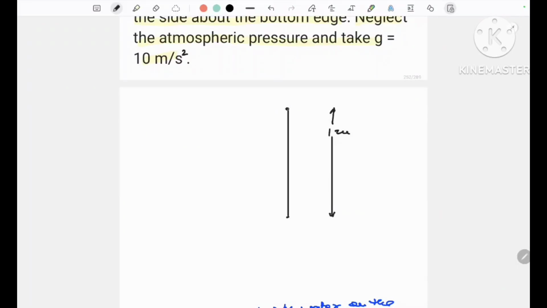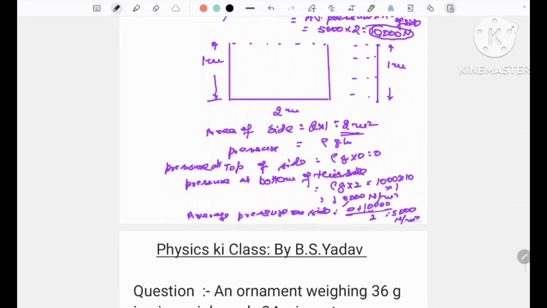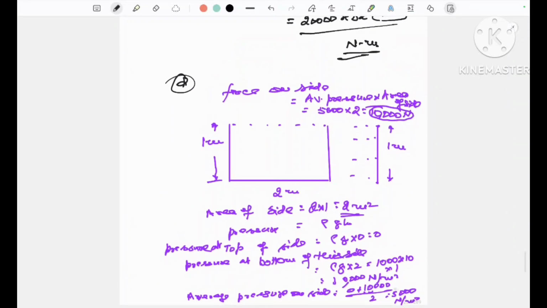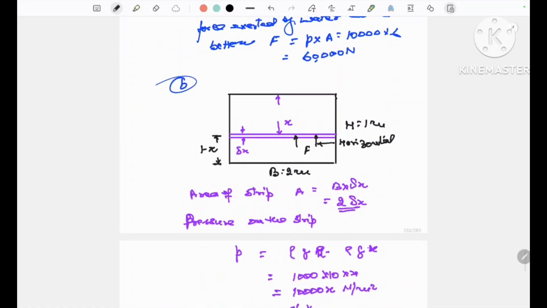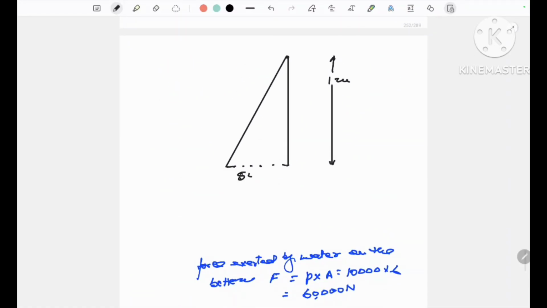अपर साइड में प्रेशर, अगर प्रेशर डायग्राम खींचें तो यहाँ पर प्रेशर इज 0 एंड बॉटम पर प्रेशर था 10,000 Newton per meter square and this is 0. जो फोर्स है that will act on the center CG of this triangle.